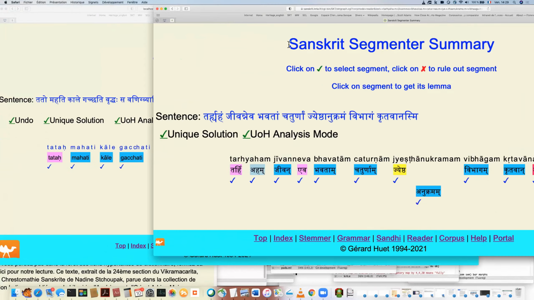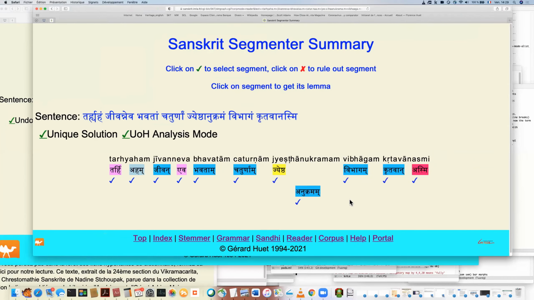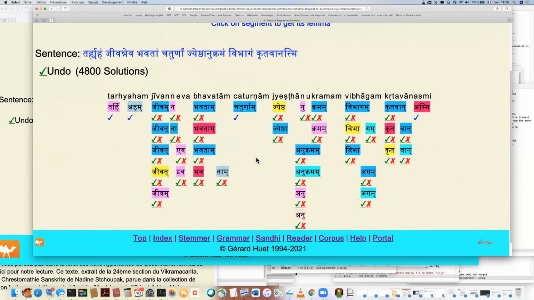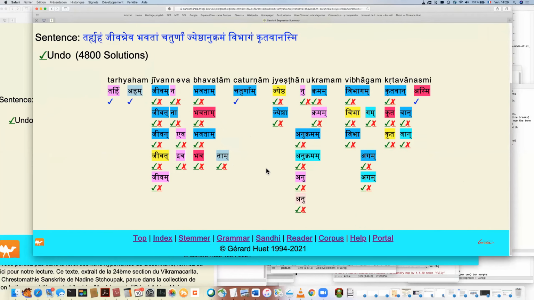Okay? And here, of course, you will not go into the French access. You will go directly inputting Devanagari, looking at Monier-Williams, and displaying in Devanagari. Yes. And so for each sentence, you get this little puzzle, you try to solve it.